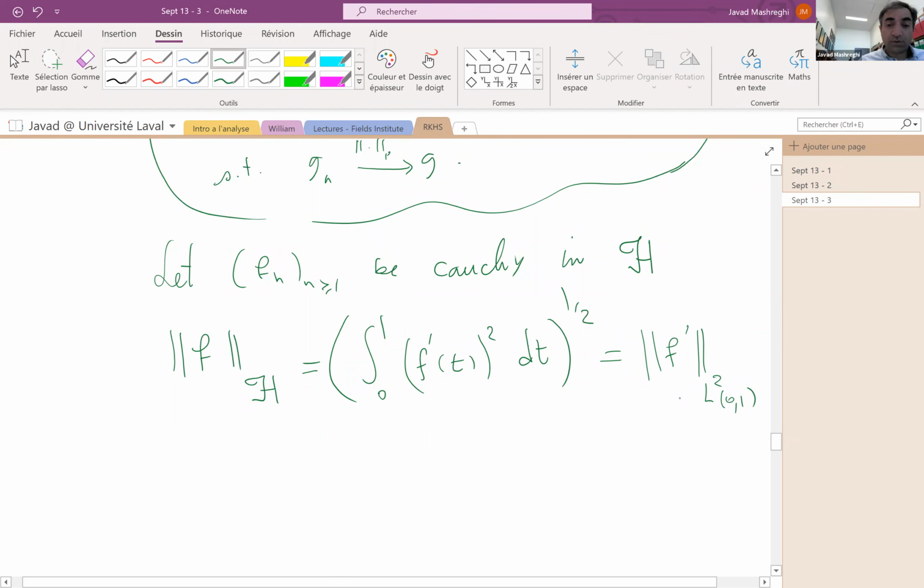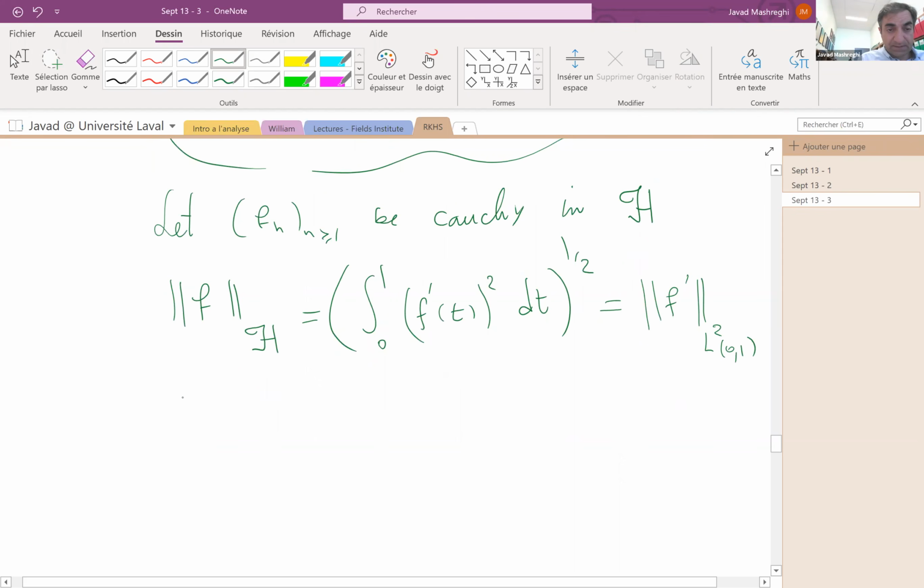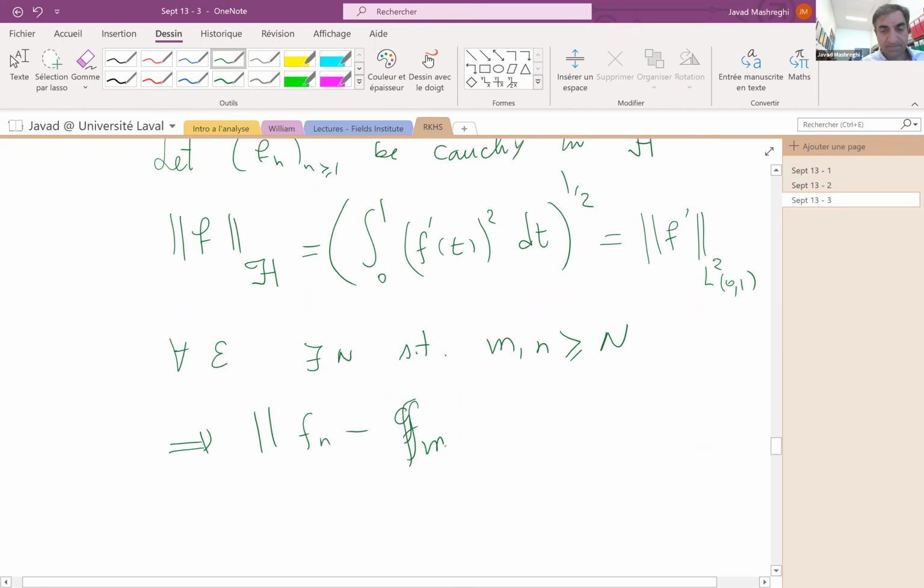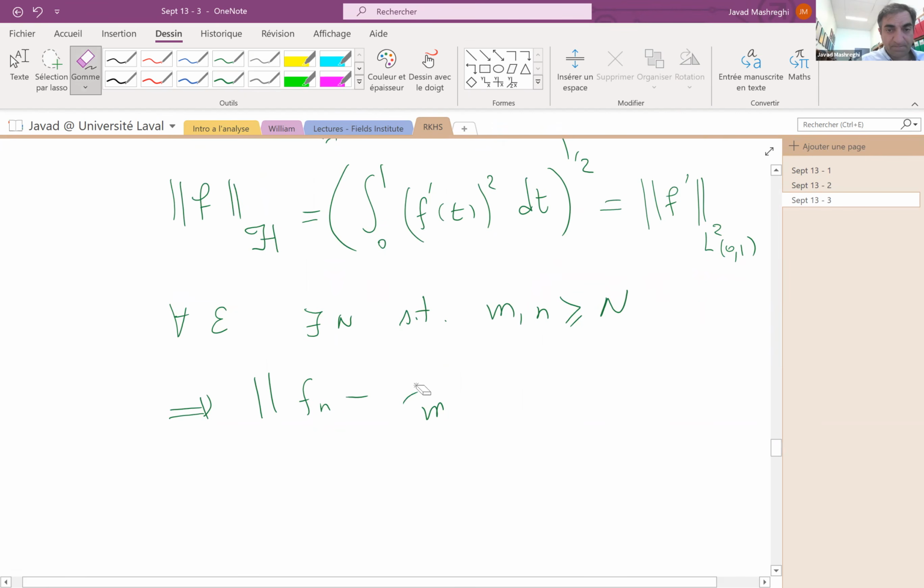So Fn Cauchy means that given every epsilon, there exists an N such that if m and n are big, then the norm of Fn minus Fm in the space H is small.